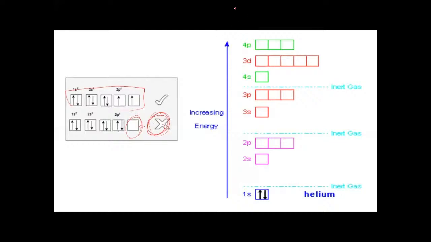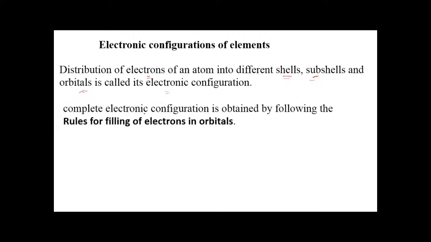Now we will discuss the electronic configuration of elements. The distribution of electrons of an atom into different shells, subshells and orbitals is called electronic configuration. The complete electronic configuration is obtained by following the rules for filling of electrons in orbitals. Here nlˣ is the form by which we represent the electronic configuration of elements.